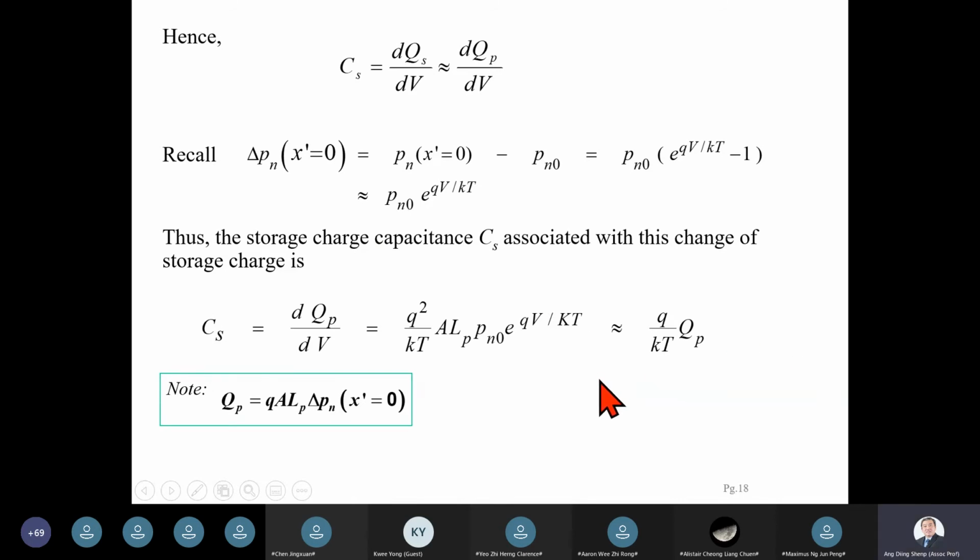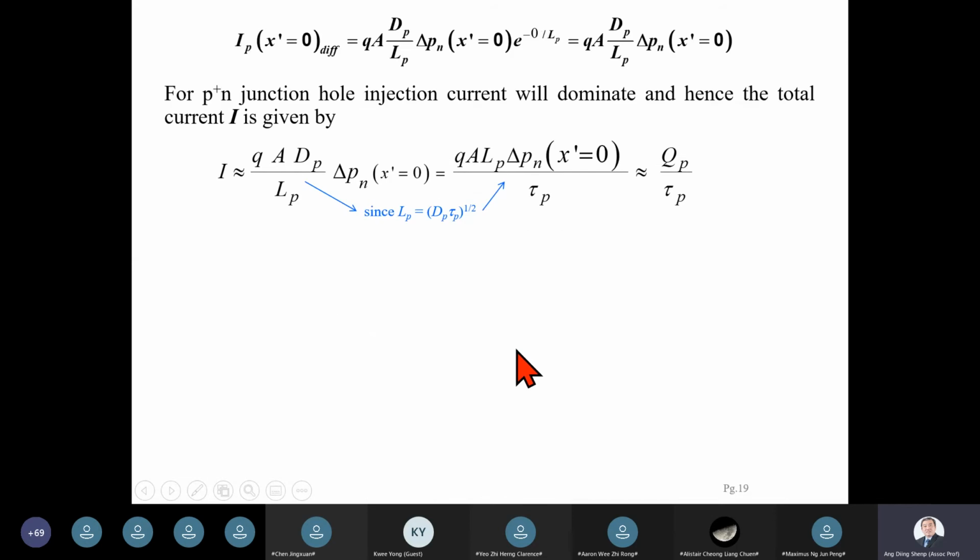Now it is possible to express CS in an alternative form based on the same P plus N junction example. As you know, for a P plus N junction, the hole injection current dominates.